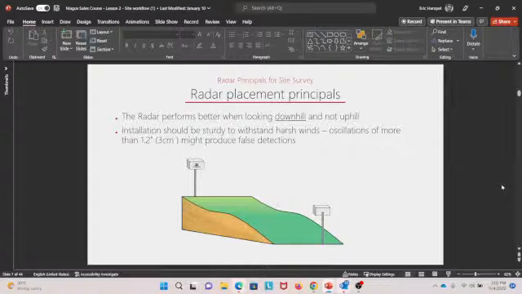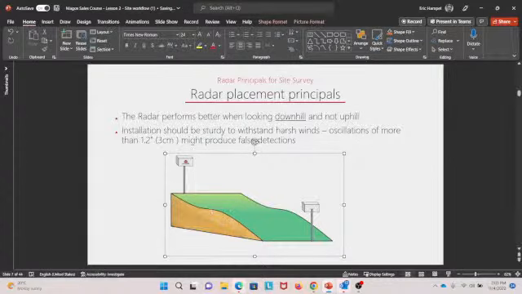uphill or downhill is not really the major topic, but if you have elevations that are not strictly linear, so to speak, such a layer is quite interesting, and it could go up again, down again.